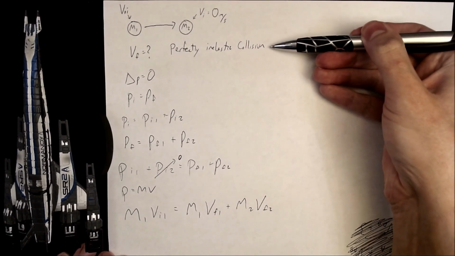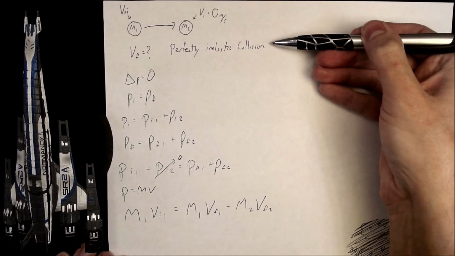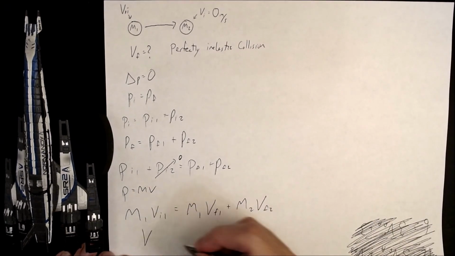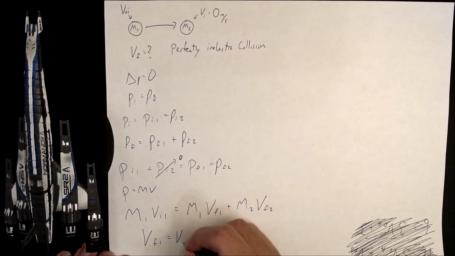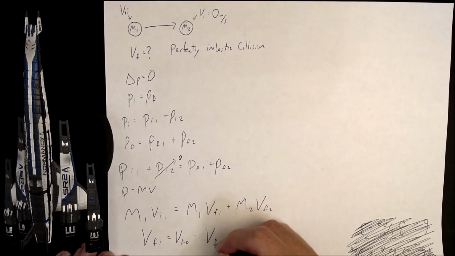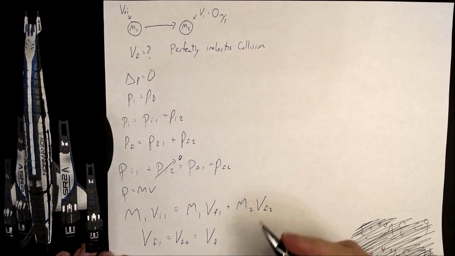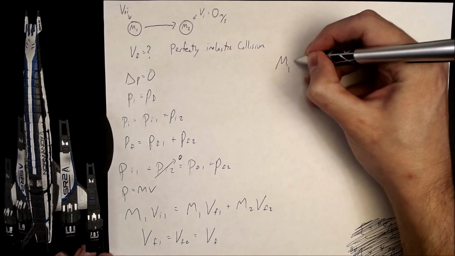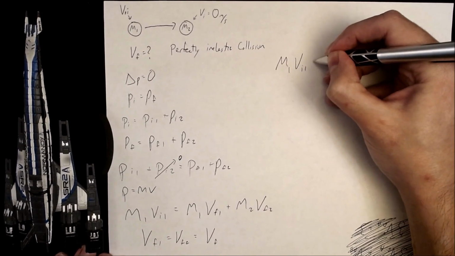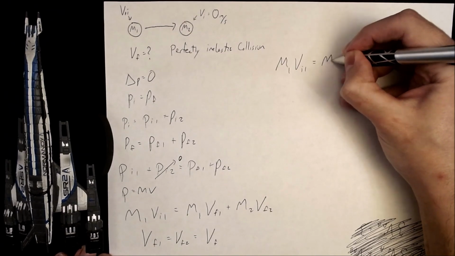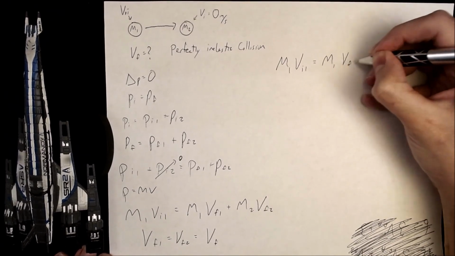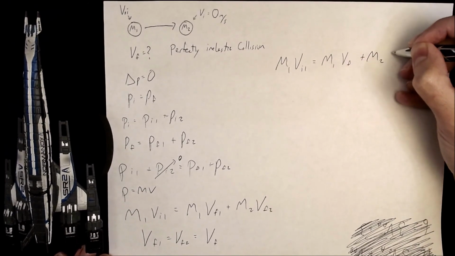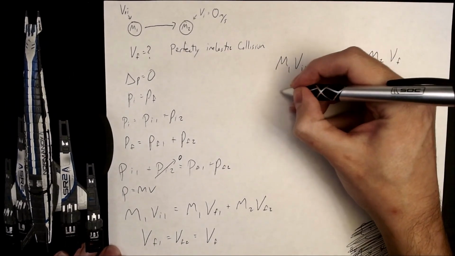Because it's a perfectly inelastic collision, they're going to have the same final velocity. So V final 1 is equal to V final 2, and I'm just going to call that V final, like I did here. We can plug all that in. We've got M1 V initial 1 is equal to M1 V final plus M2 V final.